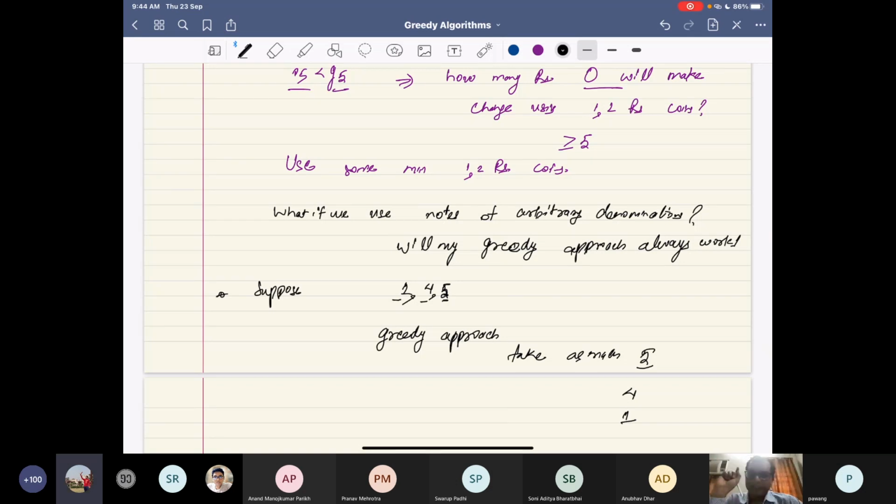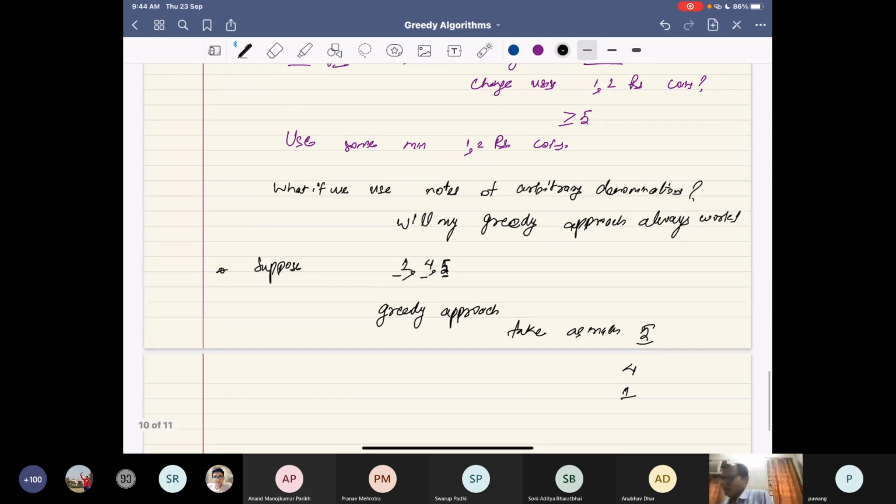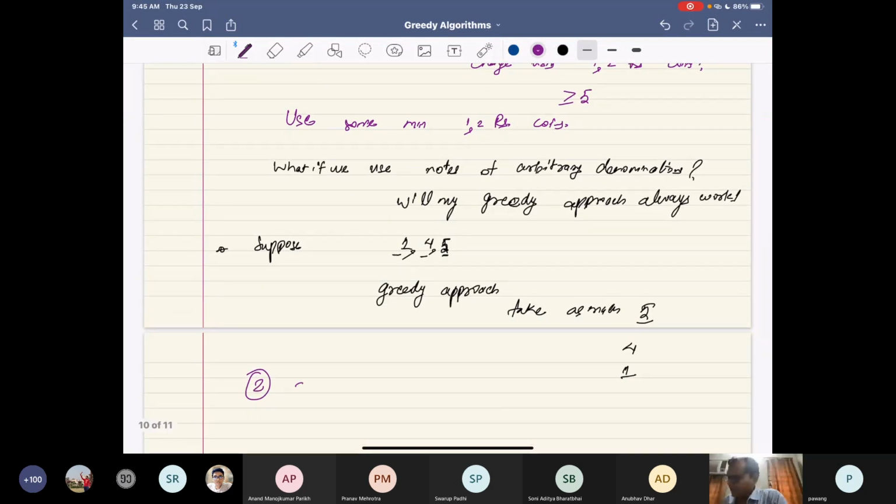No, no. Now you learn the second important thing about greedy algorithms. One thing is, if your greedy approach works, you should be able to prove optimality, right? And the second important thing about greedy is, if your greedy approach is not correct, you should be able to find a counterexample.